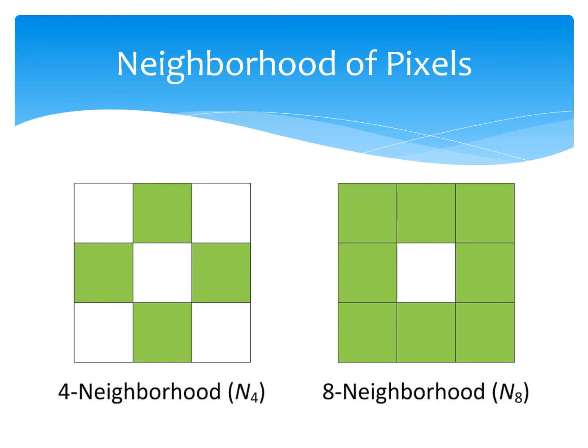As you can see, in four-neighbor connectivity, only top, bottom, left, and right pixels are considered as neighbor pixels, whereas in eight-neighbor connectivity, all 8 surrounding pixels are considered as neighbor pixels.